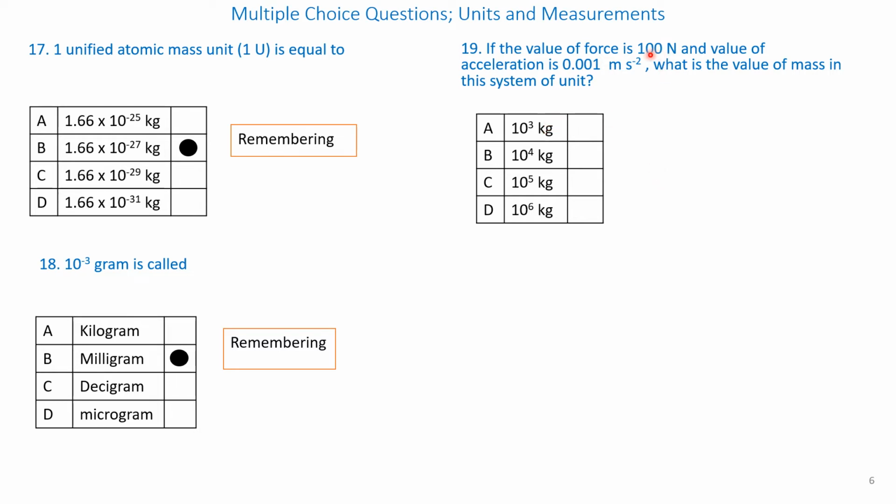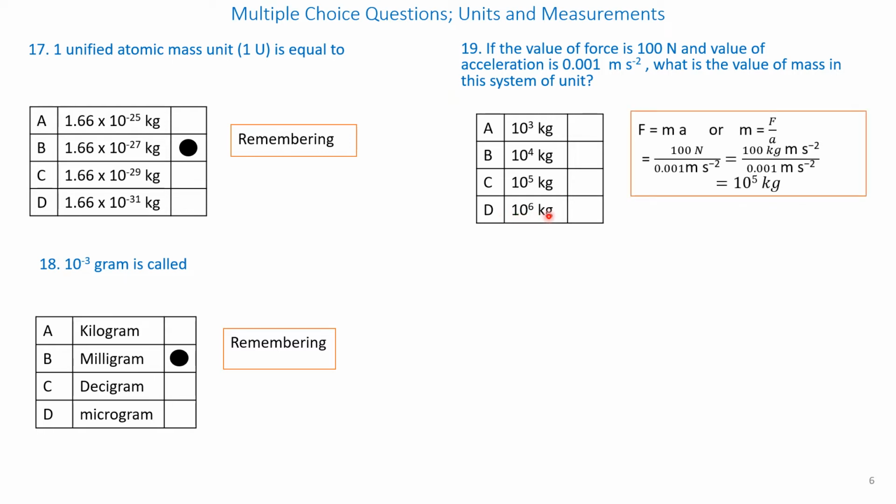So that means 100 newtons should be converted into kg. Option A is 10 to the power of 3 kg. Option B 10 to the power of 4 kg. Option C is 10 to the power of 5 kg and option D is 10 to the power of 6 kg. Let us do some calculations. We know that force is equal to m into A, where F is force, m is mass and A is acceleration, or mass is equal to F by A.